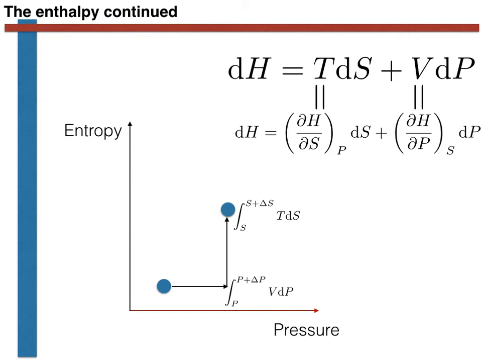Similarly, if I take the equation that gives me the change in enthalpy that I would observe if I change the entropy whilst holding the pressure fixed, and differentiate this with respect to the entropy, I get that the derivative of the enthalpy with respect to the entropy at constant pressure is equal to the temperature.